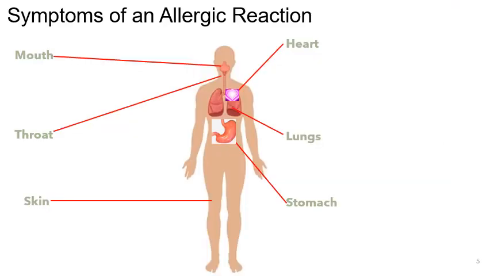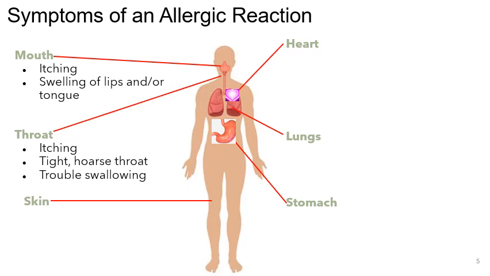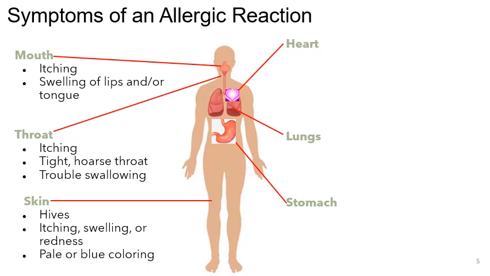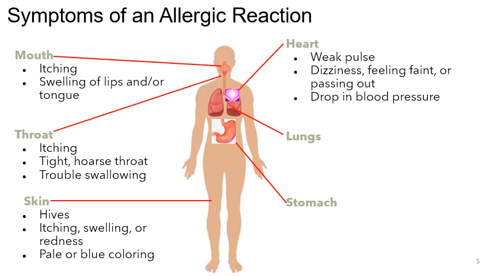Symptoms of allergic reaction. They can range from the mouth, throat, skin, heart, lungs, and stomach. In the mouth, you can see itching or swelling of lips and or the tongue. Throat: itching, tight, hoarse throat, trouble swallowing. Skin: hives, itchy swelling or redness, or even worse, pale or blue coloring.